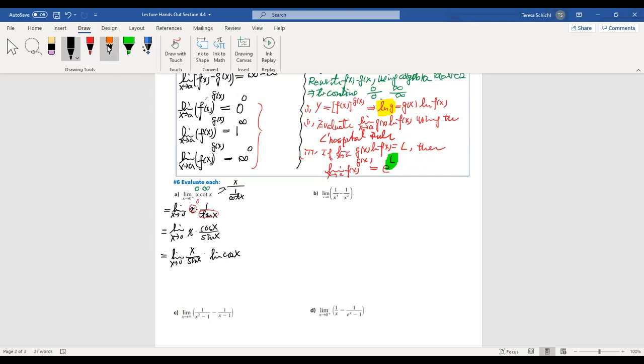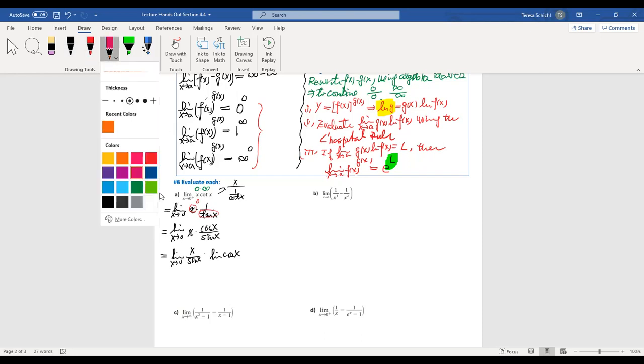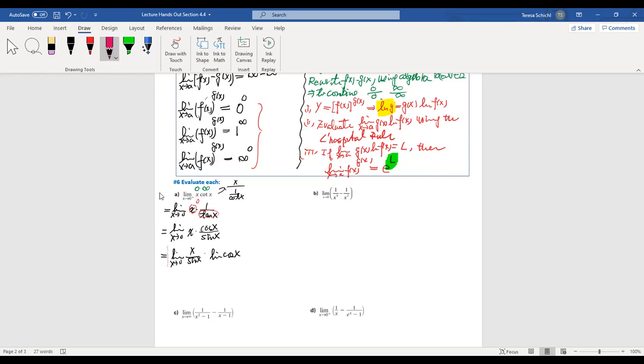Remember this first one, we know it is 1 because you use L'Hopital's rule, and the limit of cosine equal to 1. So this one is 1 also, correct? So the final answer here is 1.